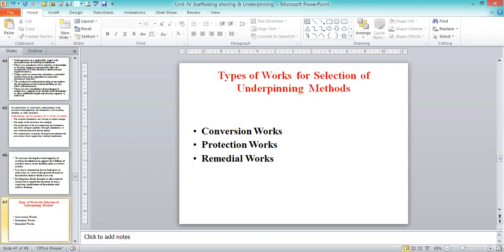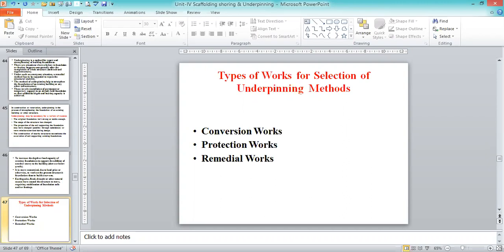Remedial works: because of natural calamities, where the structure has failures, those failures have to be rectified, and we have to improve the characteristics of the soil or the foundations. That is called remedial works.